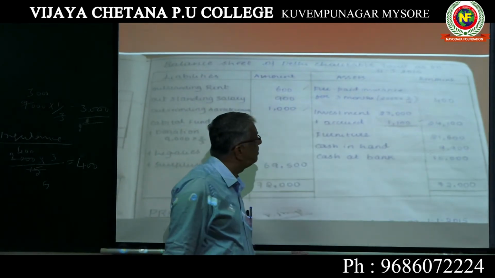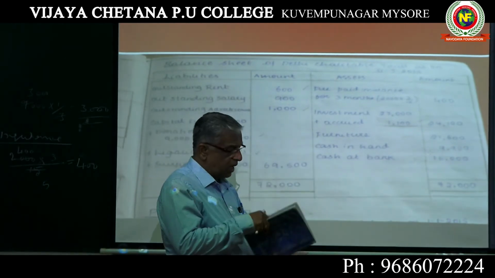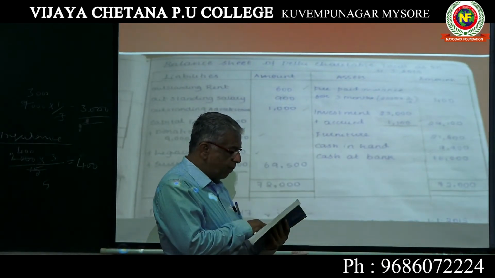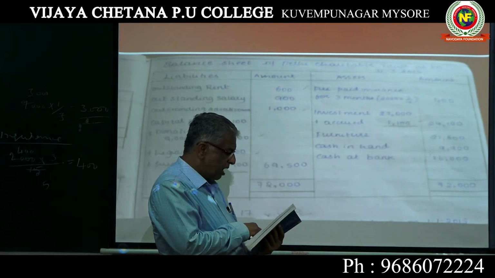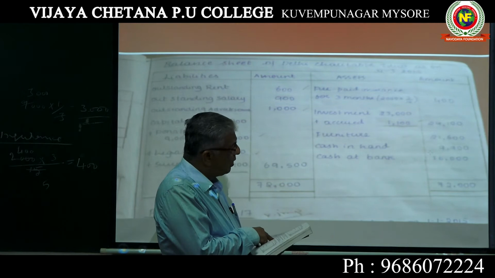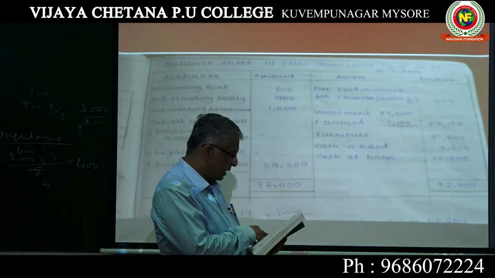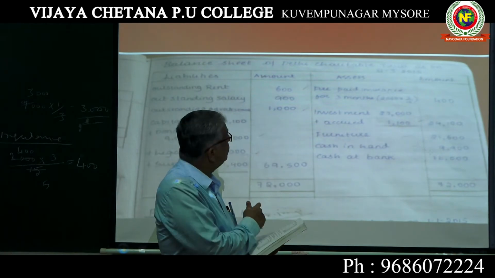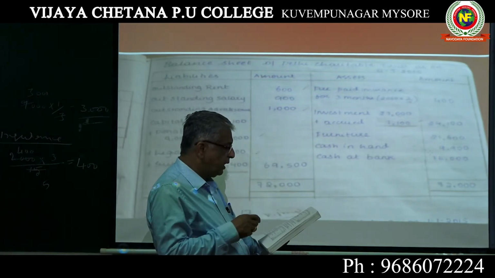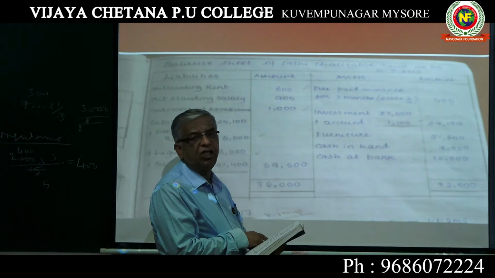So total is 24,400. Students, furniture, as you know here he has given furniture. We have purchased during the year, furniture is 21,600. That we have to take into account, the furniture 21,600. And then cash in hand, you see, on the payment side, the last item given is balance carried down.